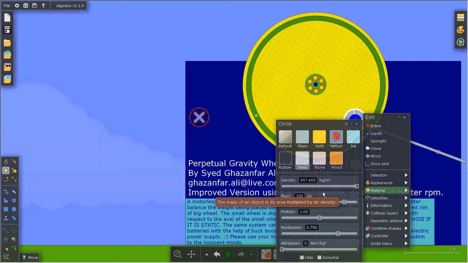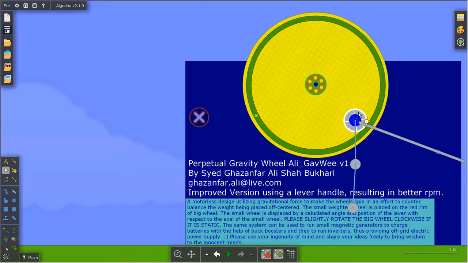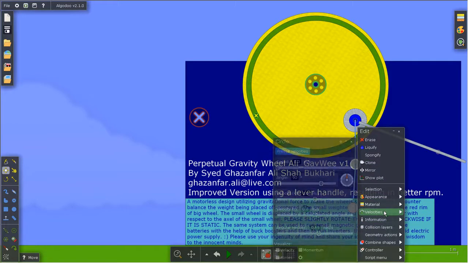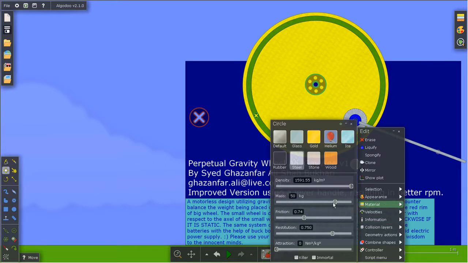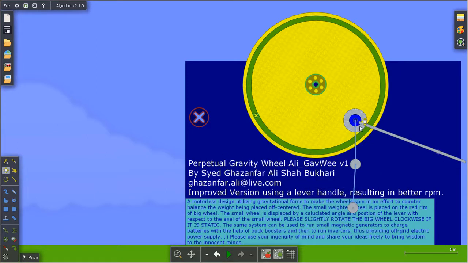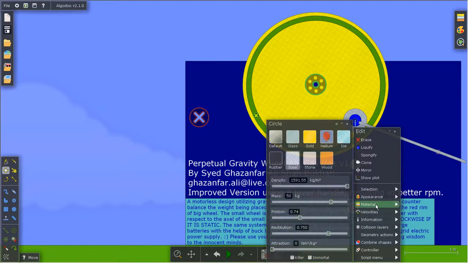At that time I didn't use two inverted pendulums, so this time I've reduced it from 200 to 100 kg, and I used these inverted pendulums now, and they have a mass of 50 kg each, so the total mass remains the same. The downward pull is the same as 200 kg, and again it's 50 kg.